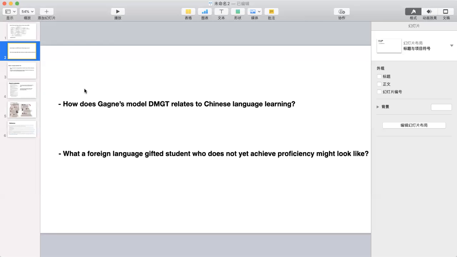So, what might a foreign language gifted student who does not yet achieve proficiency look like? Well, they may have high motivation for language learning, higher capacity with phonological working memory, good long-term memory, and be able to recall long strings of numbers or symbols and manipulate them with incredible speed.